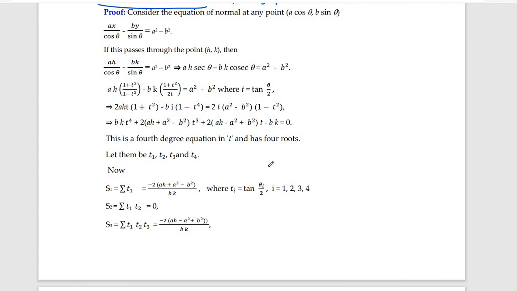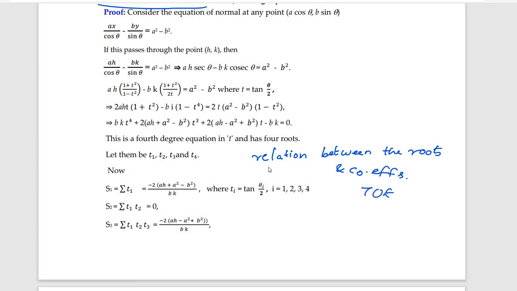Then we get the relation between the roots and the coefficients, from the theory of equations. There is no t cube term, so the sum of the roots is minus, always minus, plus, like that, minus of this divided by bk. And there is no t square term, 0 into t square, so you get this to be 0.